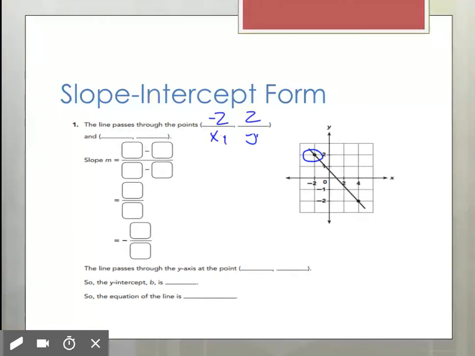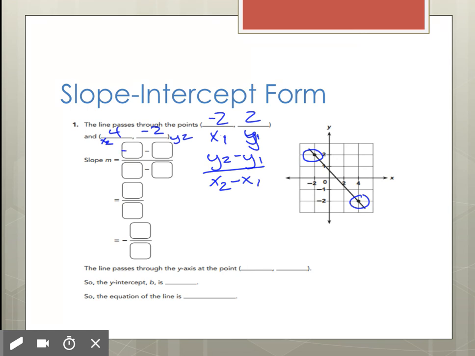They're still x1 and y1. And point 2, we have 4 and negative 2. So x2, y2. My formula is y2 minus y1 over x2 minus x1.